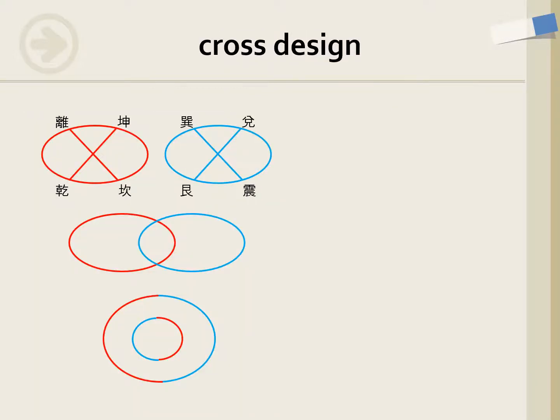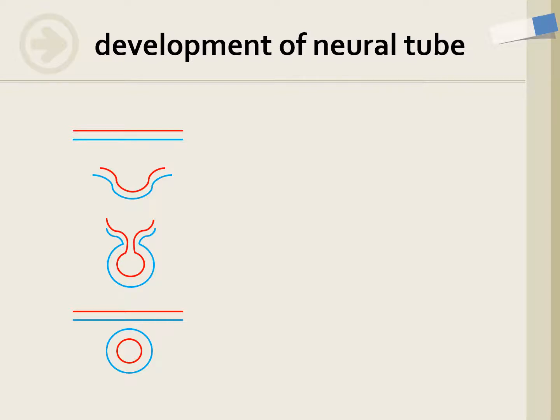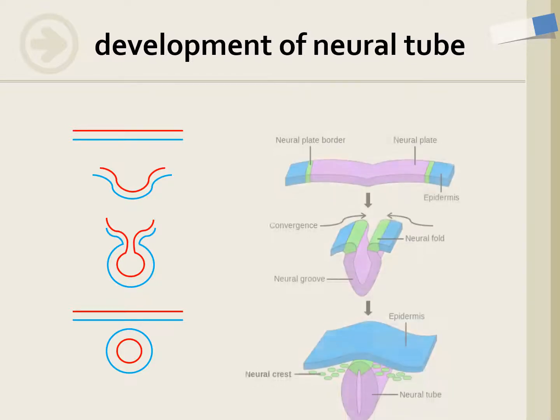It is a cross design. We can make two layers like this. One of the examples of the design is the neural tube.